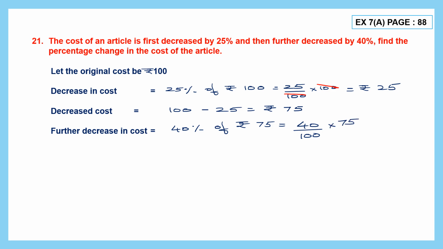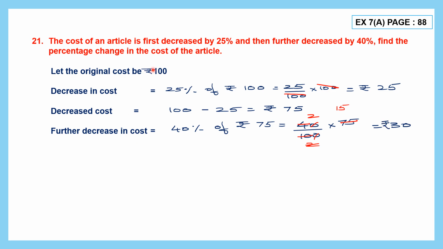Let's cancel. I can cancel 10 here and 10 here. I can cancel this and 75. 5 twos are 10 and 5 into 15 is 75. Again, I can cancel 2 and 4. 2 ones are 2, 2 twos are 4. Then multiply 2 into 15, which is 30. So the decrease in cost again is 30 rupees.